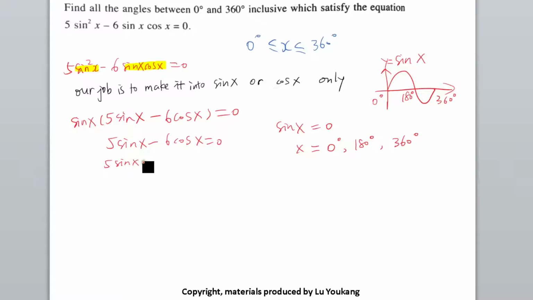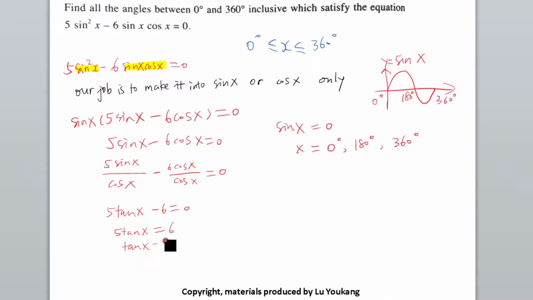Okay, so for this question, I need to divide by cosine x on both sides. As I've said before, you can't solve with sine x and cosine x in one equation. Therefore, I divide by cosine x, and 5 sine x over cosine x gives 5 tangent x, minus 6 equals 0.